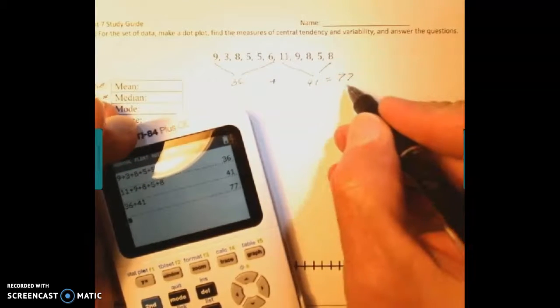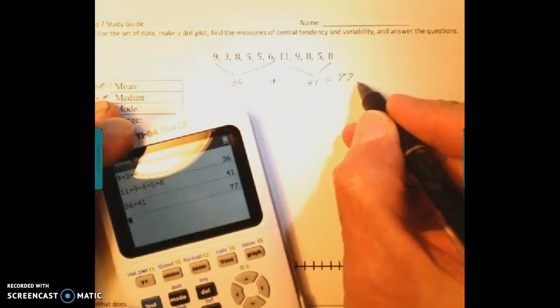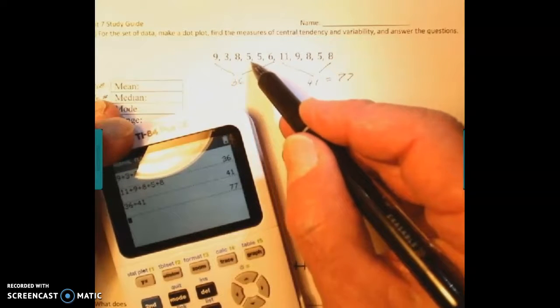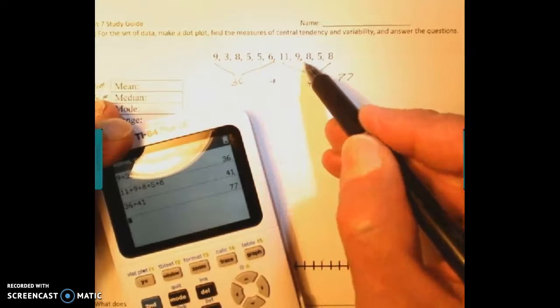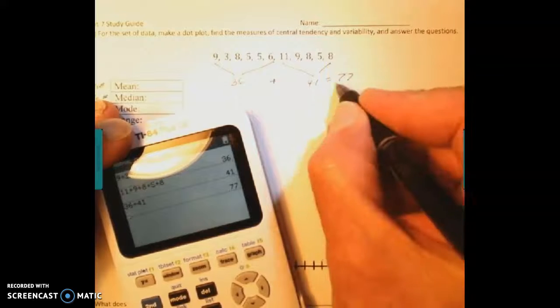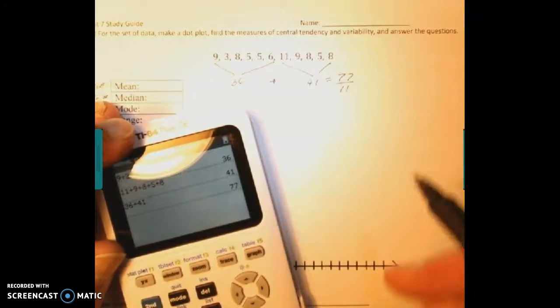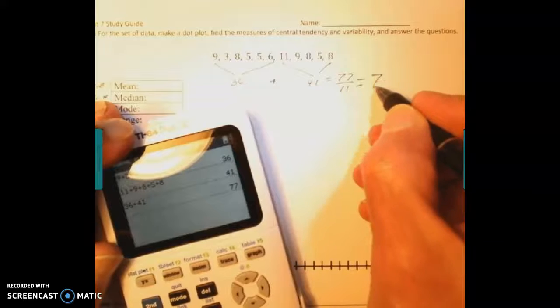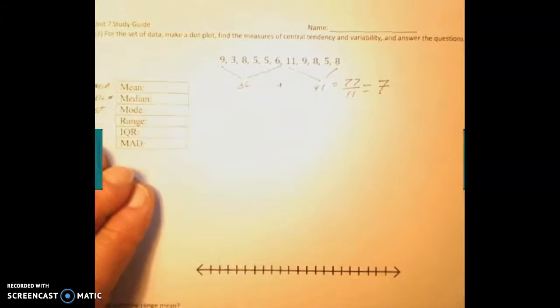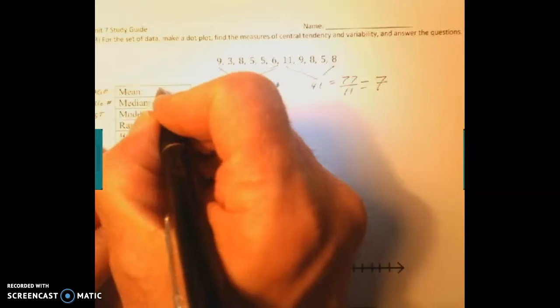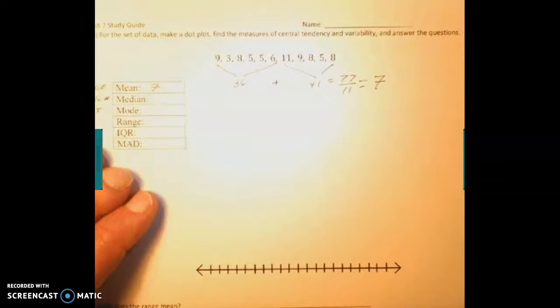And again, to find the average, divide by how many numbers there are. Count the numbers: 2, 4, 6, 8, 10, 11 numbers. So divide by 11. 77 divided by 11 is going to be 7. So my mean, or my average, is 7.